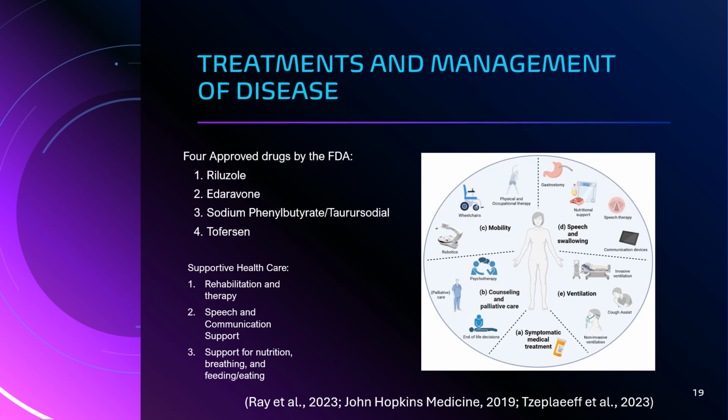So with supportive healthcare, you're going to also have rehabilitation therapy, speech and communication support, support for nutrition, breathing, feeding, eating, and so on. You have mobility, speech, swallowing, counseling, mobility care, as well as psychotherapy, ventilation, symptomatic medical treatments.